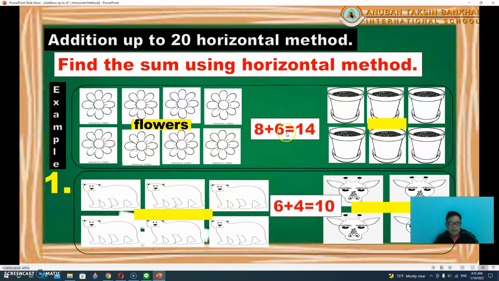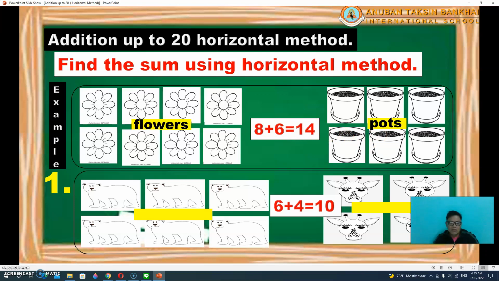So 8 flowers, plus these watts. 8 plus 6 equals how many? 1, 2, 3, up to 14. So 8 plus 6 equals 14.